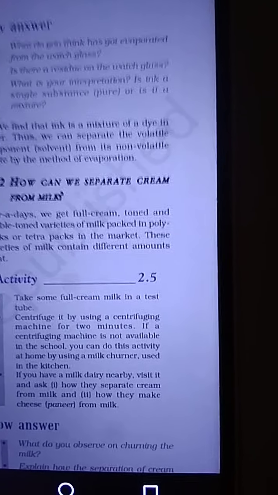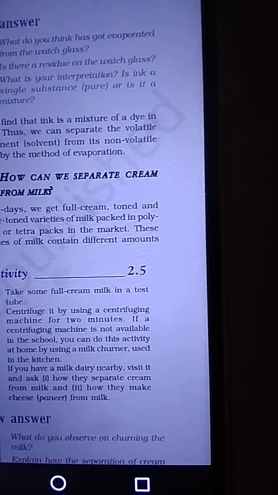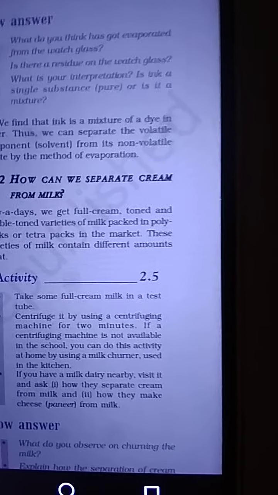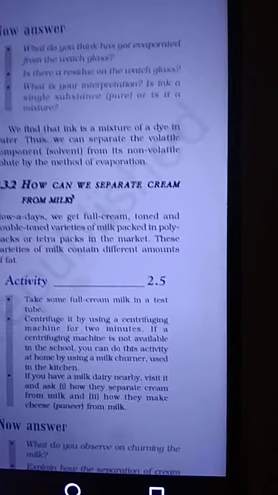Another application is in the preparation of milk products, such as khoya from milk. When you get khoya from milk, it means water evaporates from the milk and we are left with khoya.